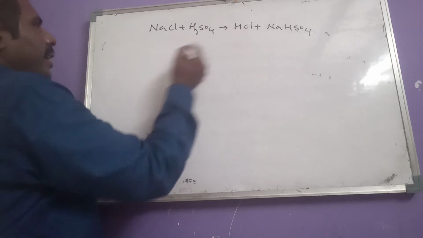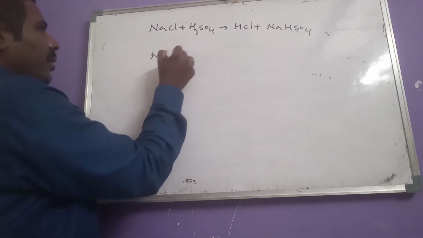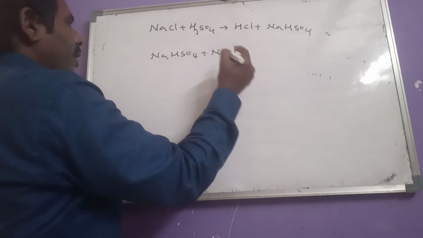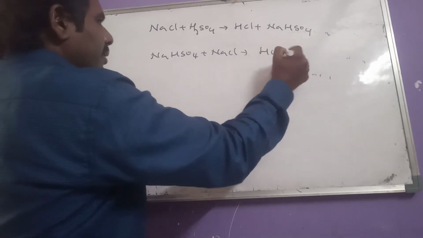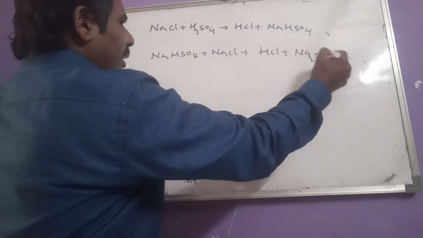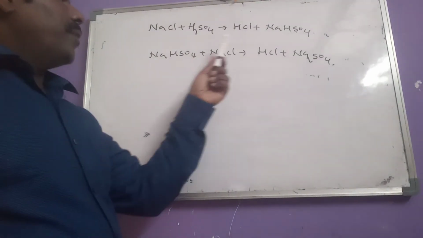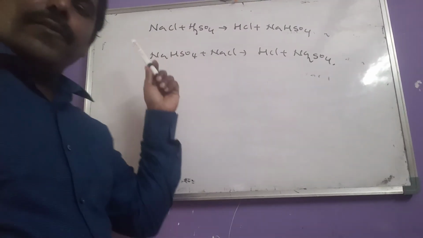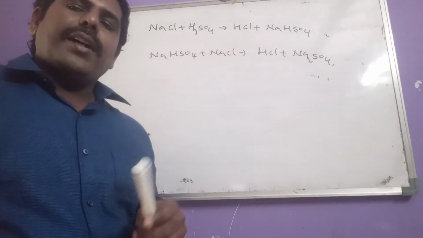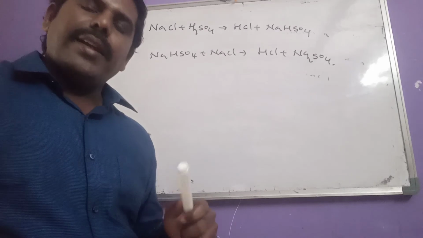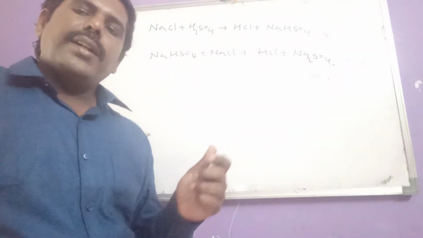When this NaHSO4 is again treated with NaCl, we get again HCl plus Na2SO4. So HCl is prepared by the reaction of NaCl with concentrated sulfuric acid.